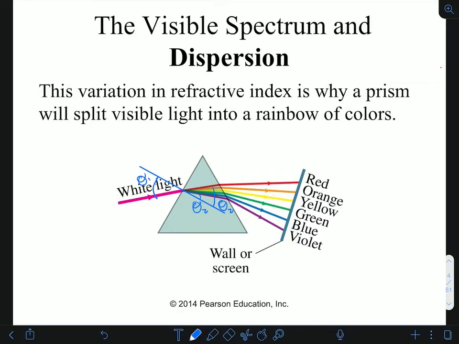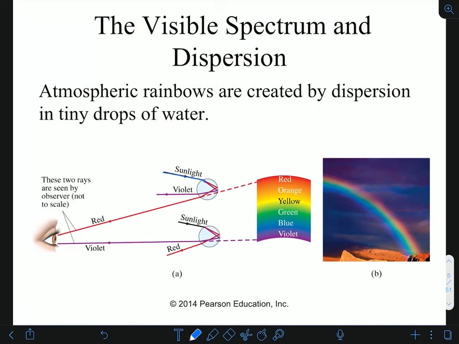Violet gets bent much more than red. And so you can see that the light gets spread out, and because of the geometry, that spreading gets accentuated over here. An example of this in nature is a rainbow.